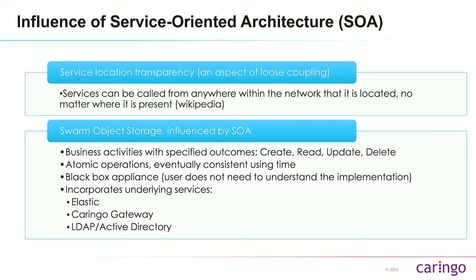Caringo Gateway as well also consumes other services and offers things like S3. And there are underlying services for authentication and authorization, like we'll also get into. These services can all be consumed, they can always be used, and they can interact with the users. And these are all ideas from service-oriented architectures.